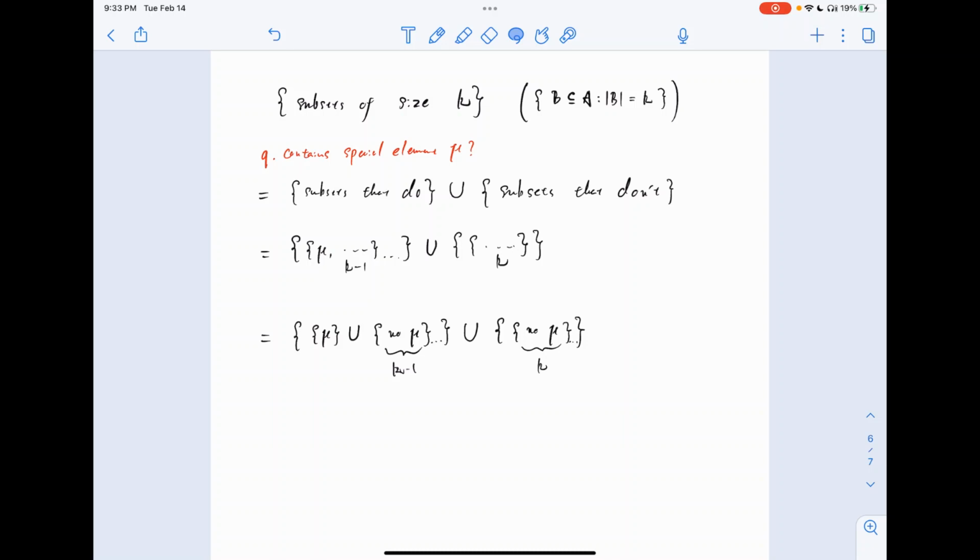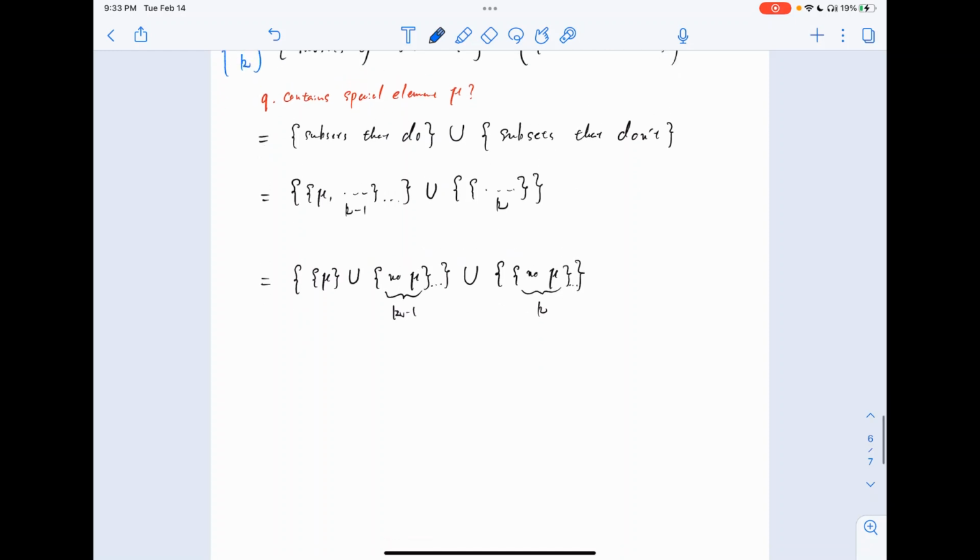I just want to introduce some notation now to make it more explicit. I'm going to call this enumeration of all the subsets of a certain size k a set of subsets, A pick k, in analogy to our earlier binomial coefficient calling n choose k. And I'll skip to the last line here.